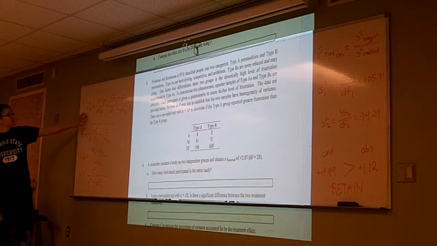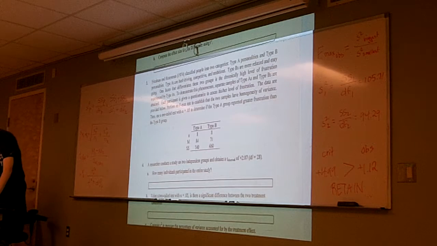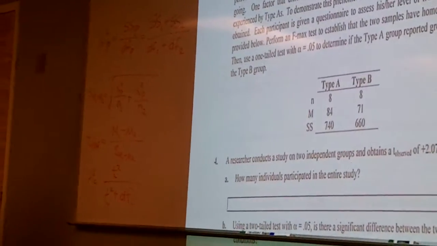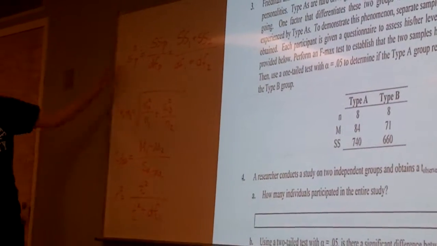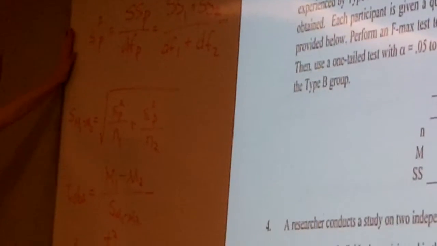So what do you get for pooled sample variance? 100. Okay, so for pooled sample variance, 100. Yes, heads are nodding. Okay, 100 for that.